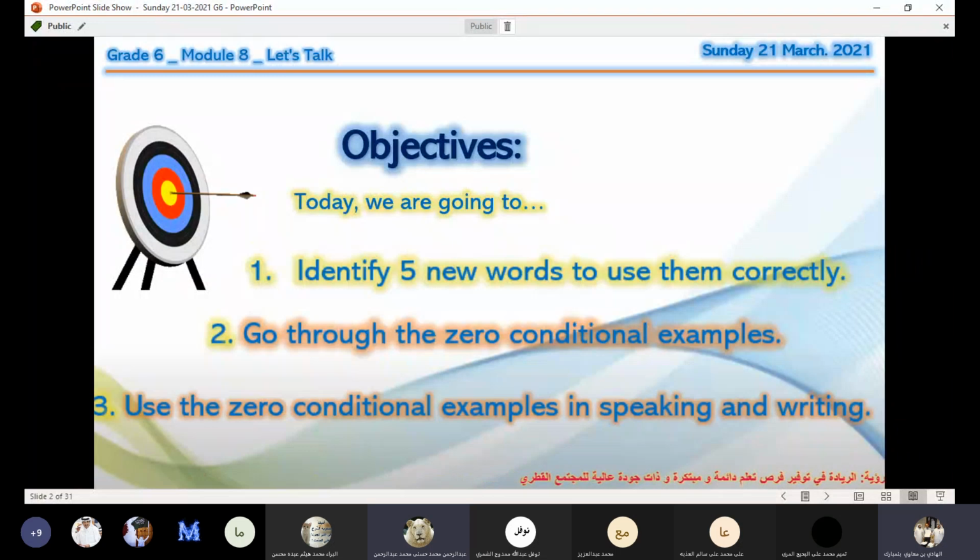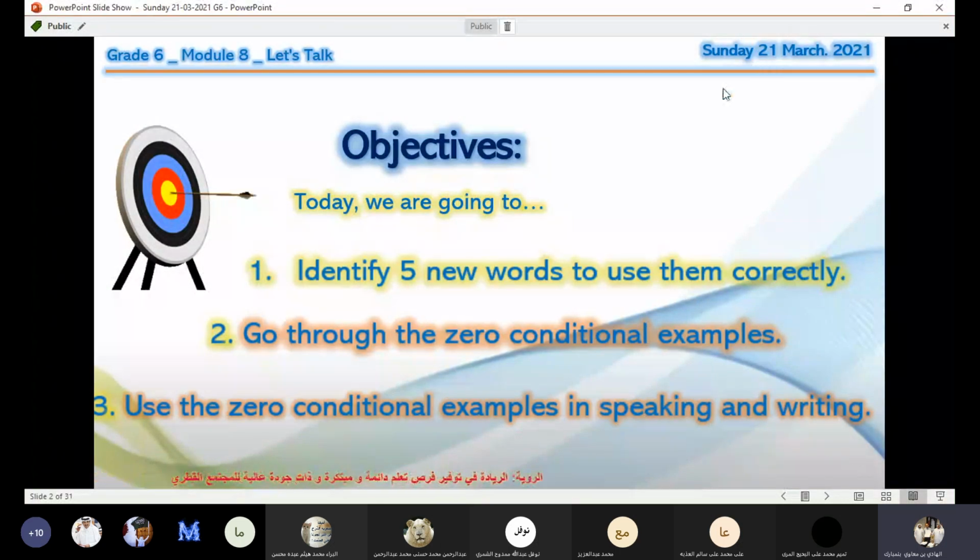Thank you so much. So use these 0 conditional examples in speaking and writing. Thank you so much, Muhammad Husni, for reading us the 3rd learning objective.